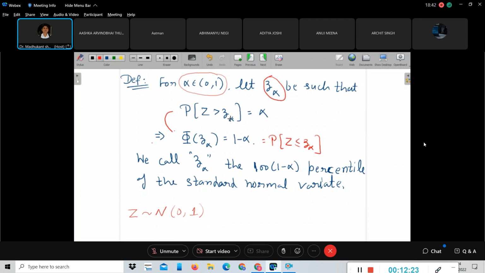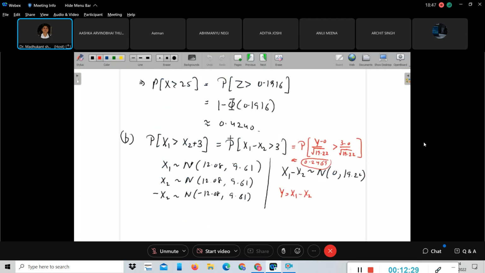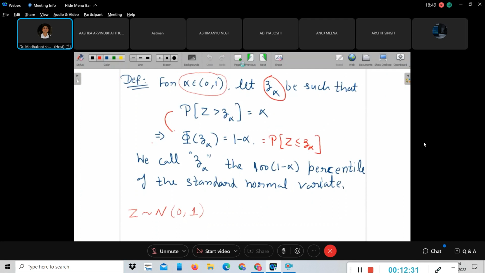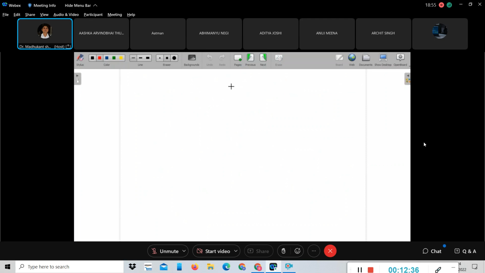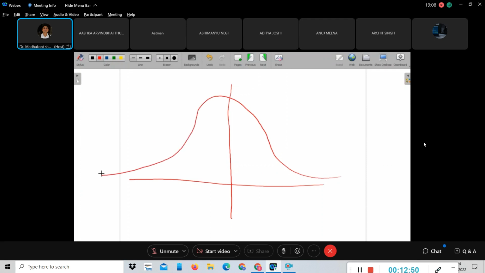Let me look at this standard normal variate. Its PDF is a bell-shaped curve, symmetric about the mean 0. It is not exactly a perfect bell-shaped curve, so please excuse me for that.